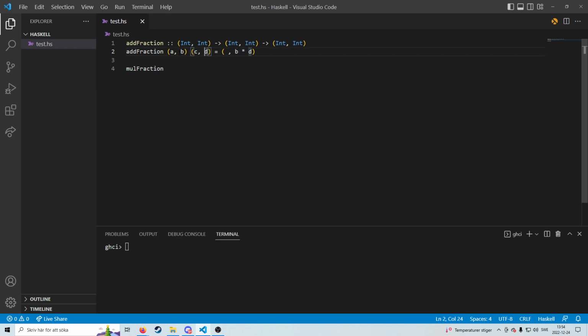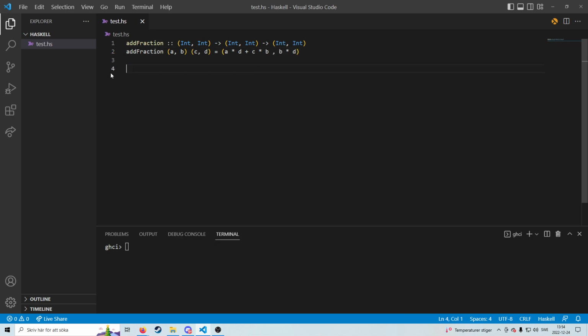But let's think about this. We multiplied b by d, so here we would also have to multiply a by d, and then we would add our other. And vice versa, since we multiplied d by b, we would also have to multiply c by b.